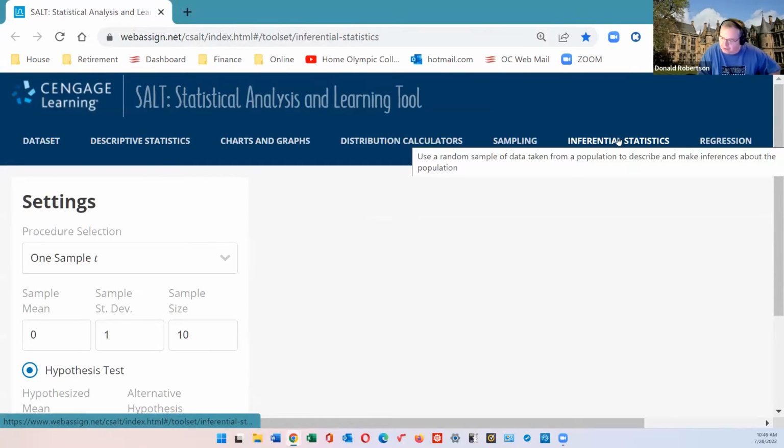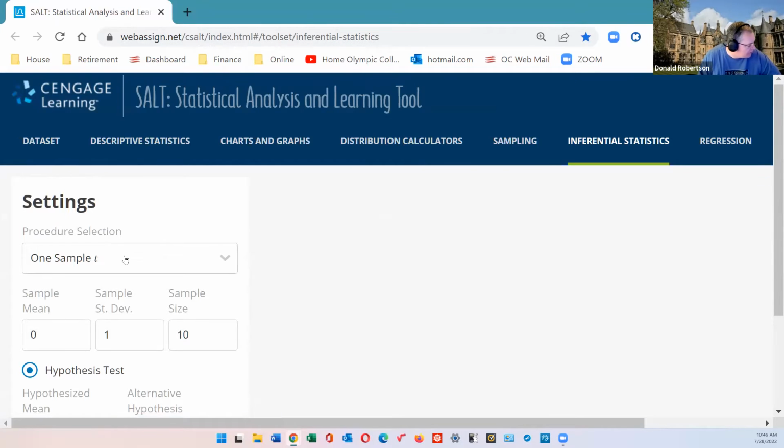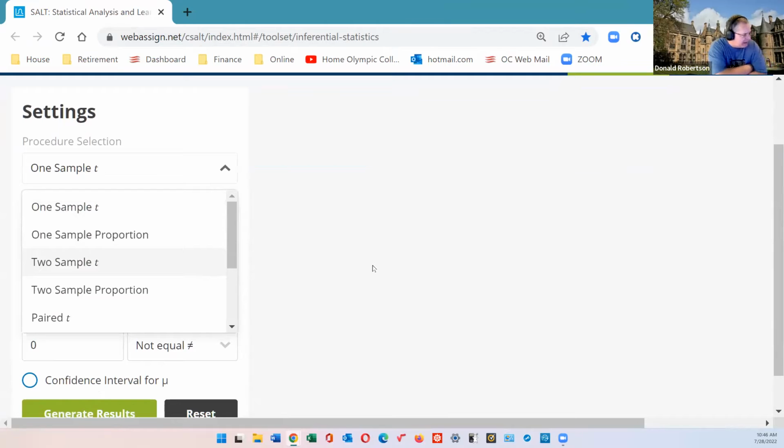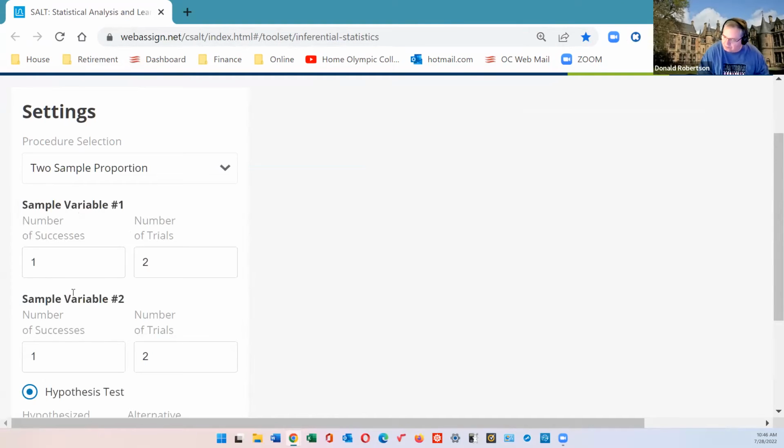Now, inferential statistics, that's kind of where everything has been lately. Here is the list. I think it's self-evident. Which one of those should I be choosing for the difference between two proportions? Two sample proportion. Right, agreed? Now, sample one is going to be my population one data, and that was 180 people out of 200.